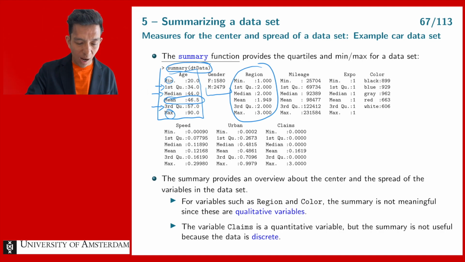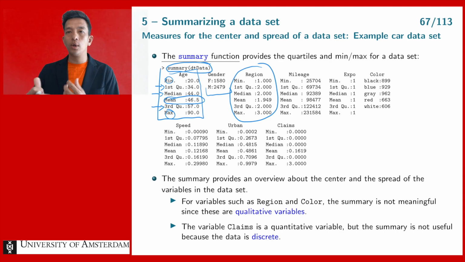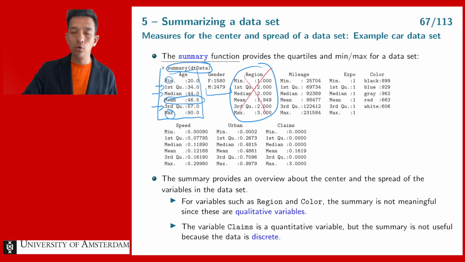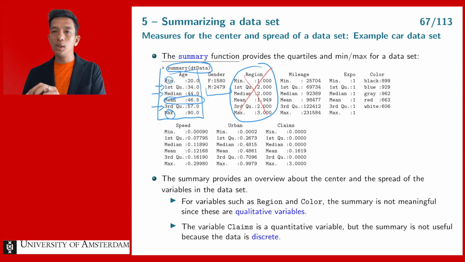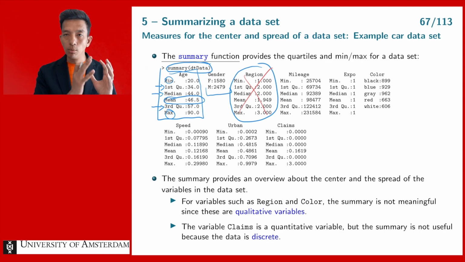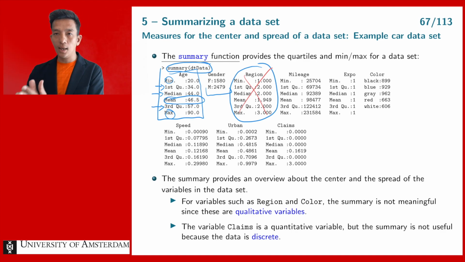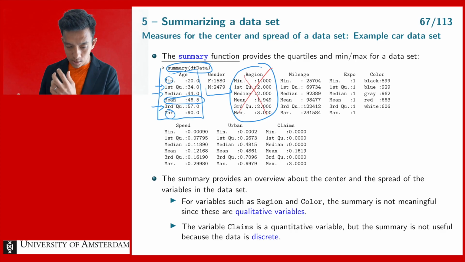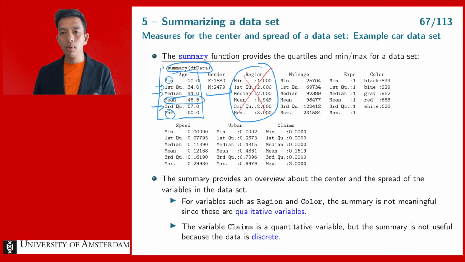So although R tells you this is the summary of my variable region, I cannot use this because the 1, the 2, the 3, the numbers that I use to indicate my region, they are not like numerical values, they are categorical. This is a categorical variable, so the numbers indicate different categories.